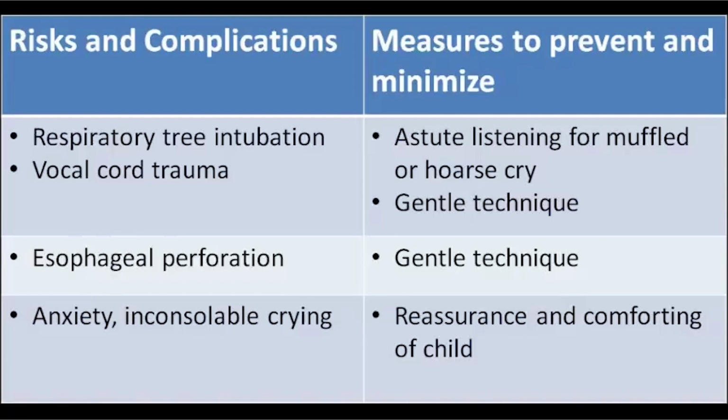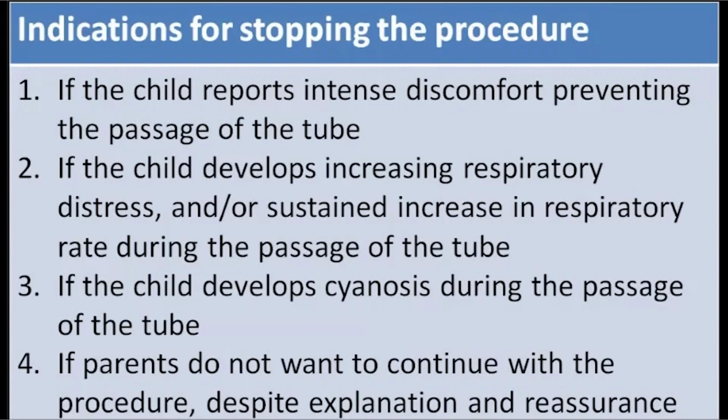This can be minimized by astute listening for muffled or hoarse cry and by gentle technique. Esophageal perforation can be minimized by a gentle technique of this gastric aspiration procedure. Anxiety and inconsolable crying can be minimized by reassurance and comforting the child.